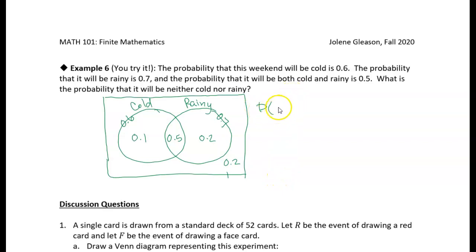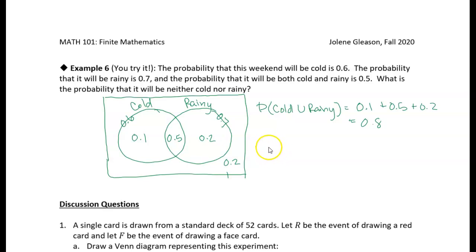So the probability of being cold or rainy is essentially what I just calculated there, was 0.1 plus 0.5 plus 0.2, which gave me an 80%, or 0.8 probability. And what we want to figure out is what is the probability that is neither cold nor rainy, which is just the complement of that, right? So there's a couple different ways I could do that.